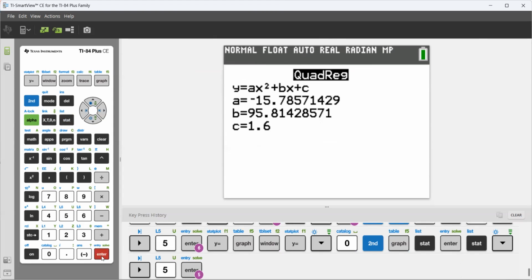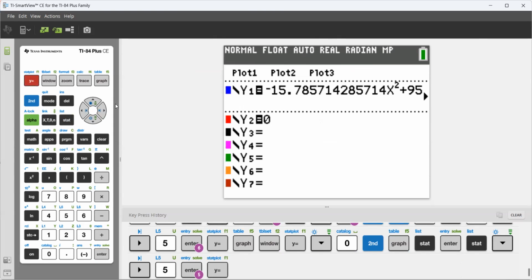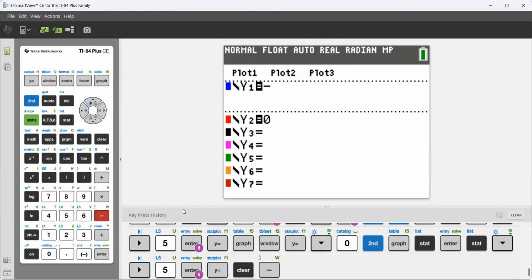This is what I got. Now, I'm going to erase this, and then do negative because I rounded. That's what I've been using for my model. 0.786.